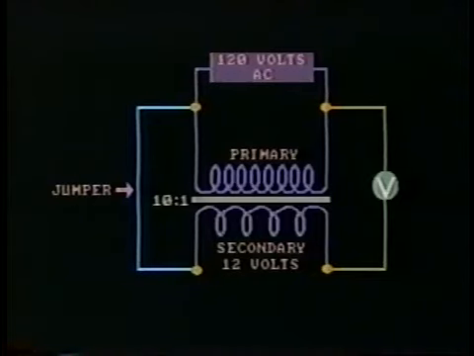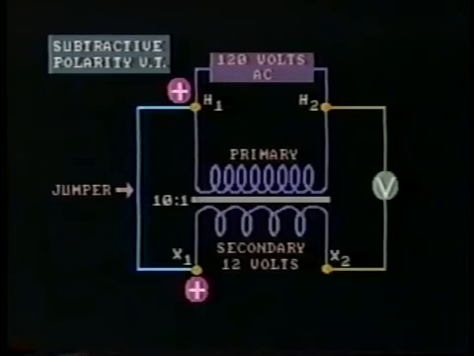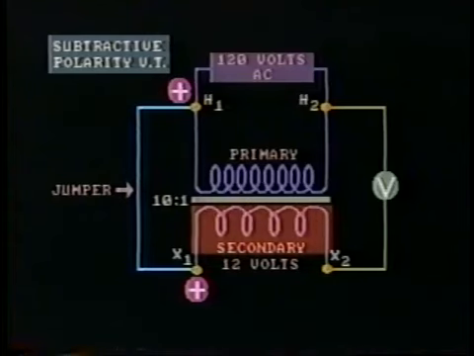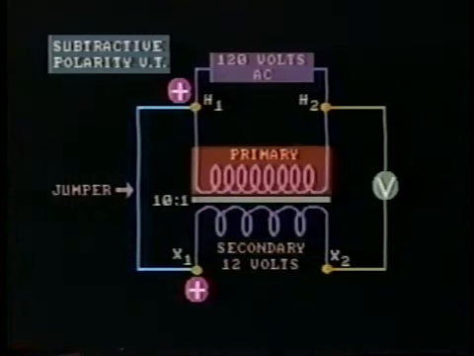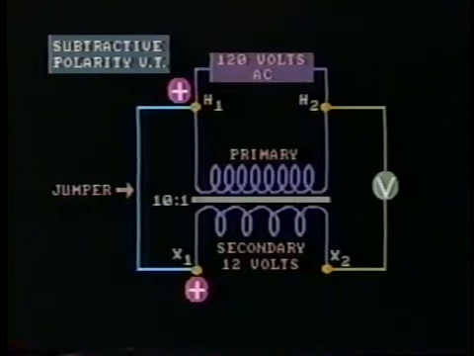Because of the jumper, the voltmeter will feel the effects of both the source voltage and the induced voltage. In this VT, the windings are connected in a subtractive configuration, so the induced voltage is in phase with the source voltage. The voltmeter responds to the difference of the two in-phase voltages.